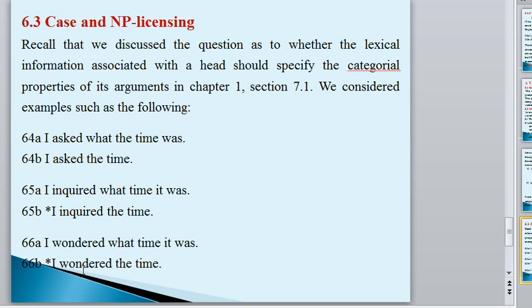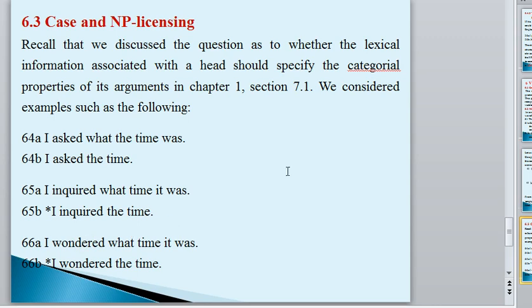It was proposed that we do not need to specify that verbs like ask, inquire, and wonder select the CP, since CP is the canonical structural representation of question, and that's okay. We can use CP near ask, inquire, and wonder. There is no problem.